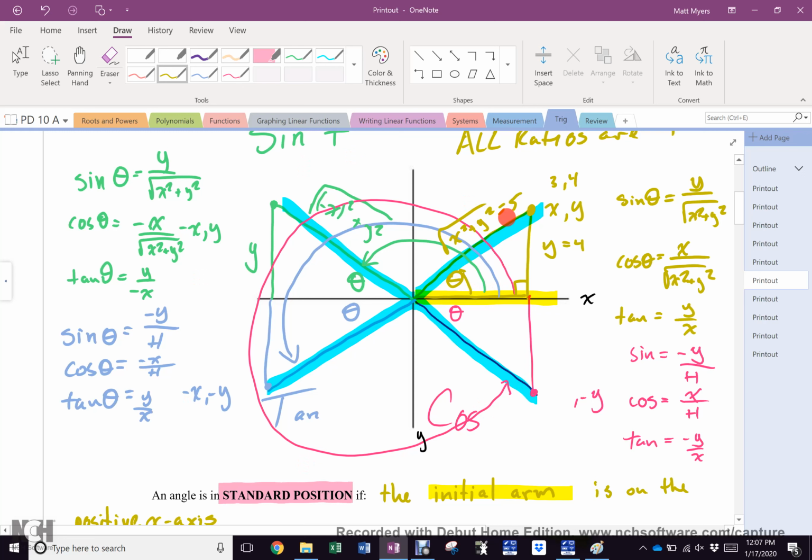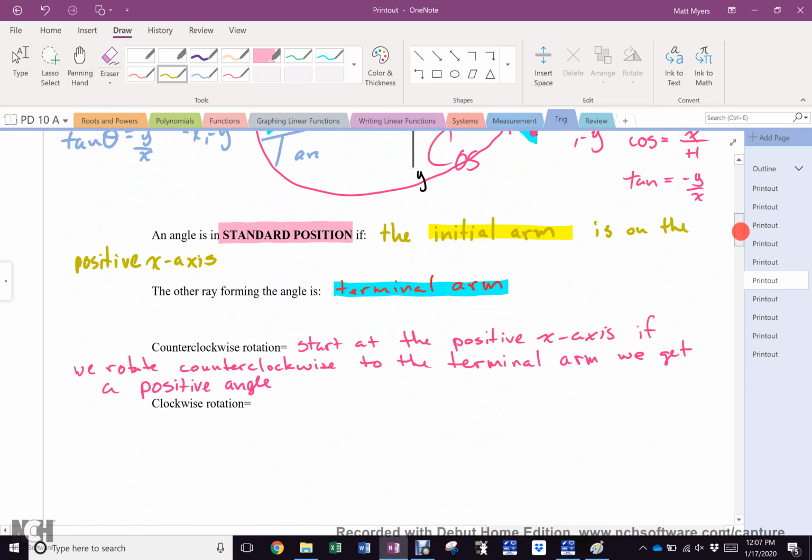Positive. Green has to be between 90 and 180. Positive. Everybody cool? All right. You're smart kids. If counterclockwise is positive, what's clockwise? Clockwise gives us negative values.